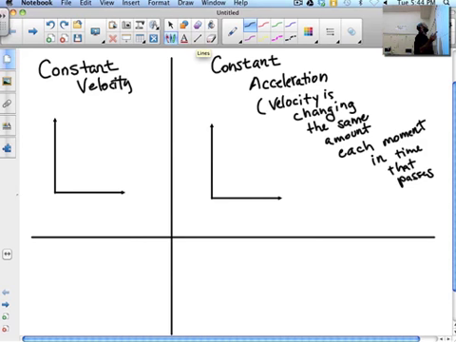Constant velocity is the opposite of that, when the velocity does not change.